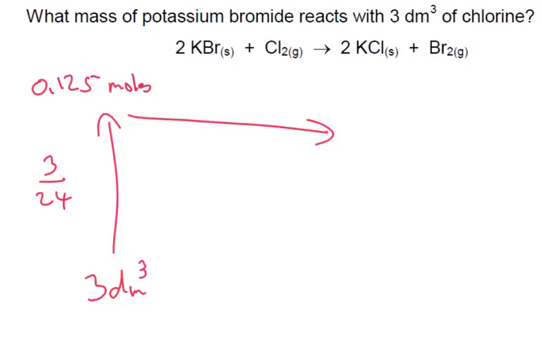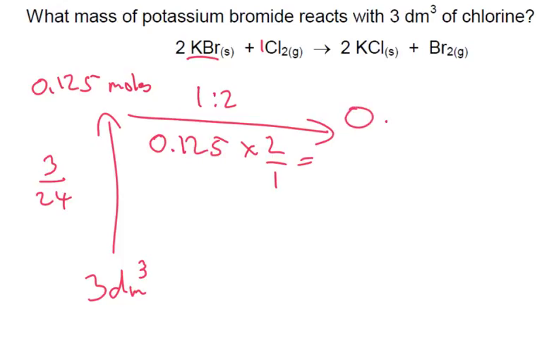Okay, now that was chlorine, and it's a 1-to-2 ratio with potassium bromide. So 0.125, okay, times by 2 divided by 1. That's going to tell us how many moles of potassium bromide we have. So we've got 0.25 moles. Then we just need to work out, well, what's the molar mass?